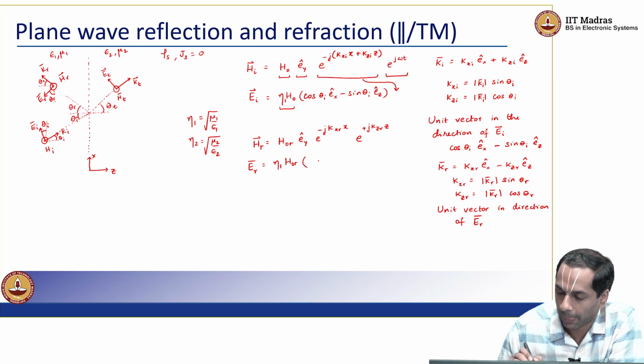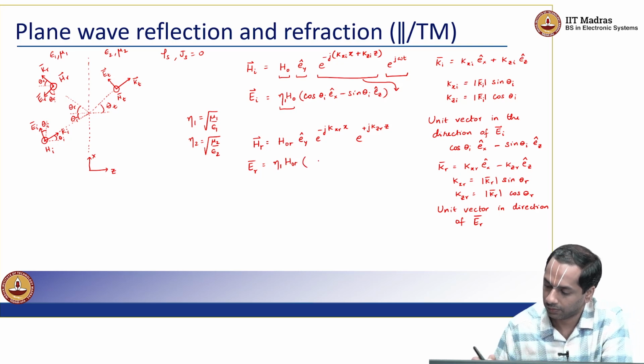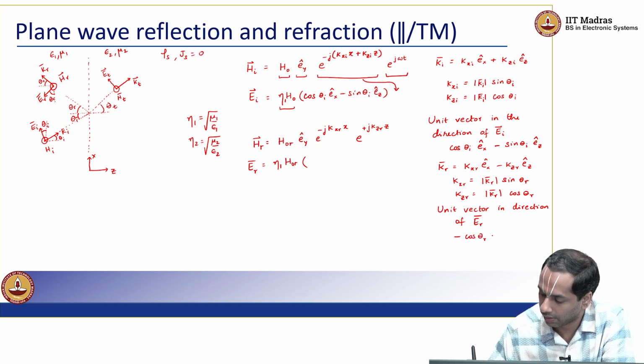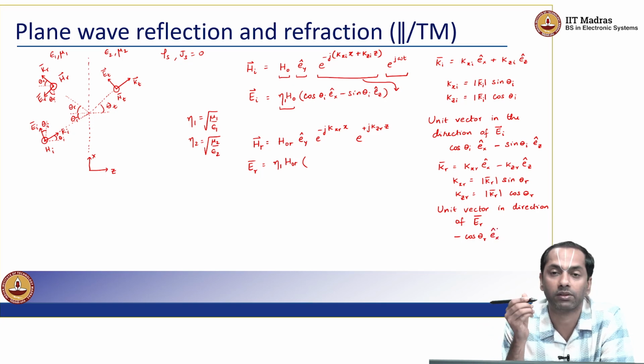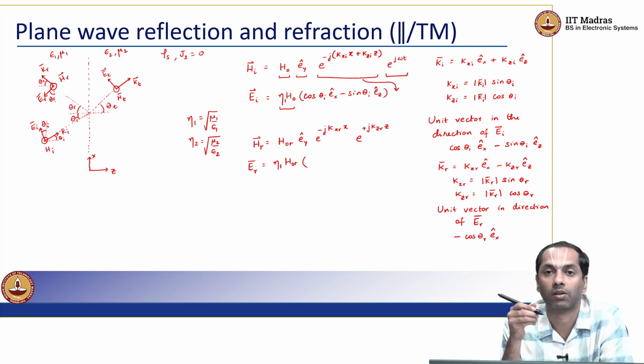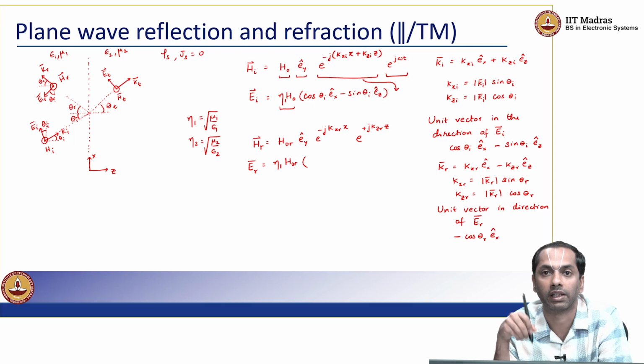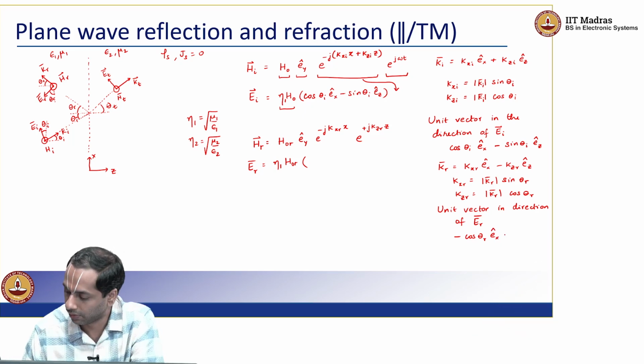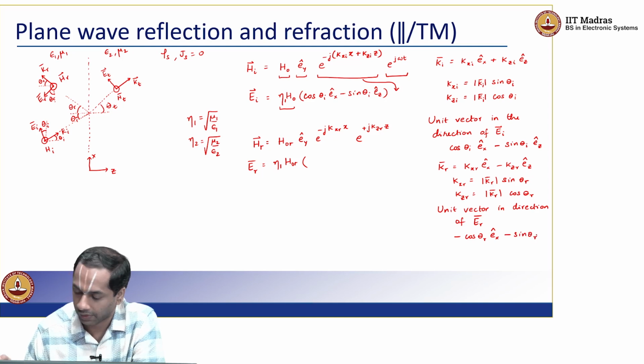Now, the direction: minus cos theta r Ex. So, the electric field has a component facing in the negative x direction and in the negative z direction. So, minus sine theta r Ez.